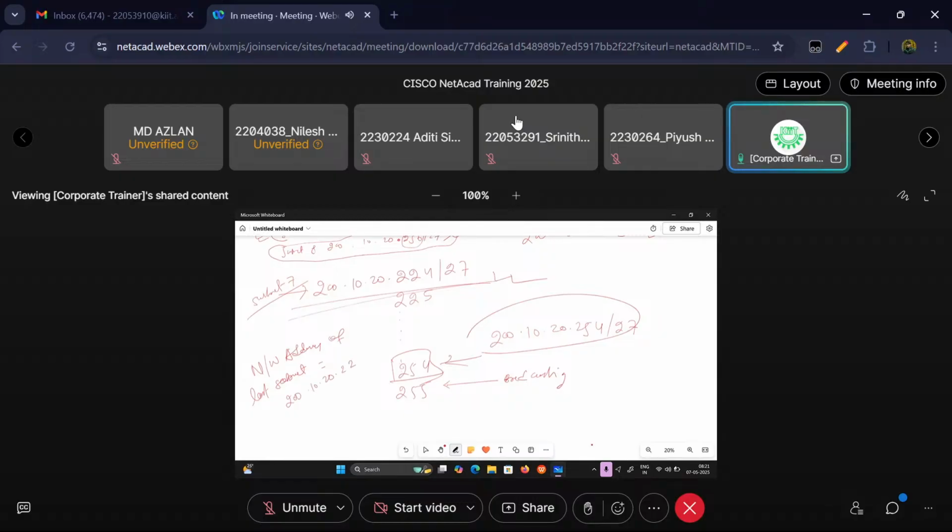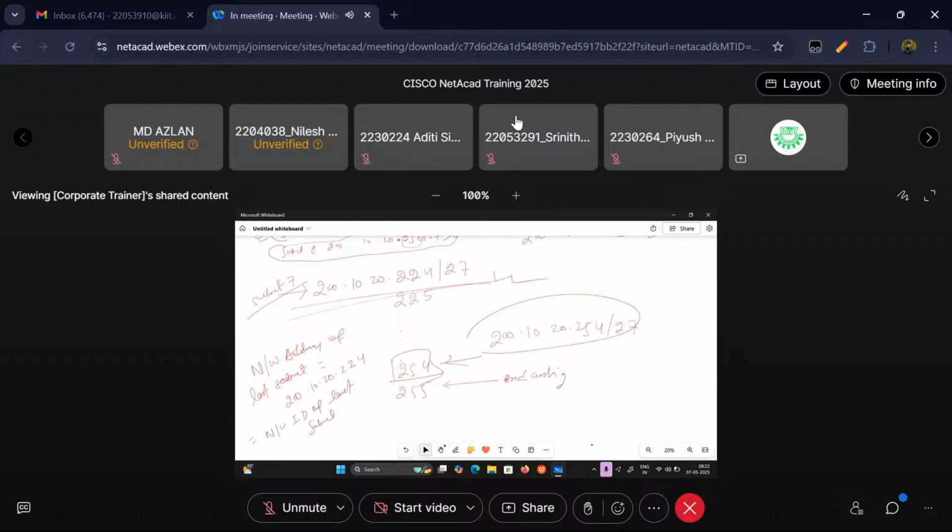200.10.20.224. That is my last subnet network address, also called the network ID, of the last subnet or subnetted network.